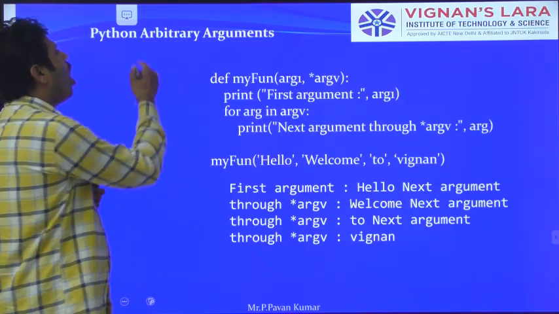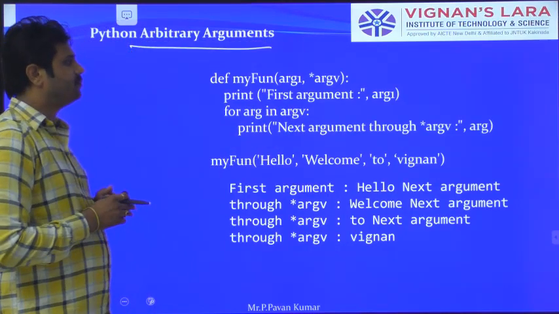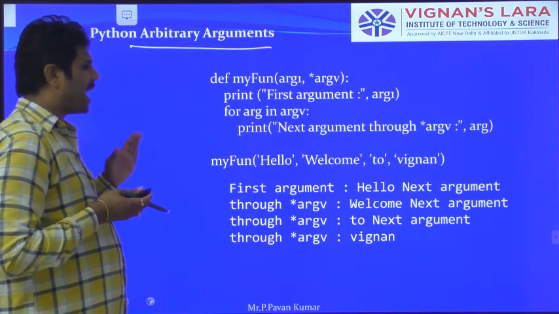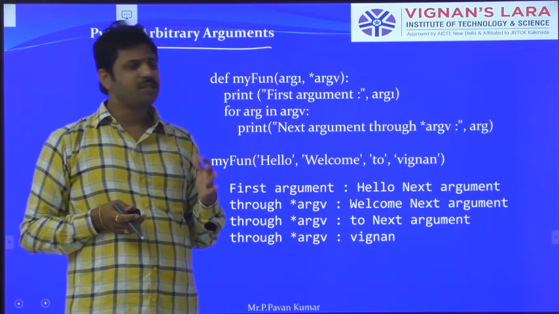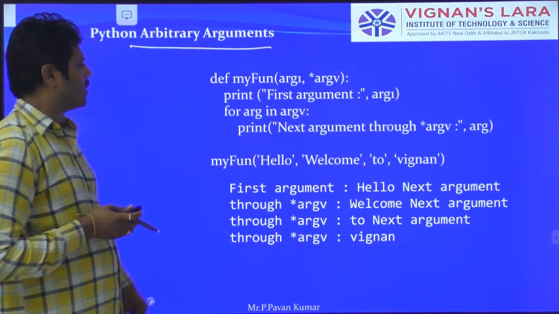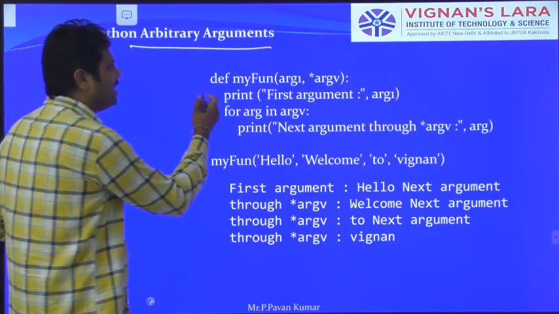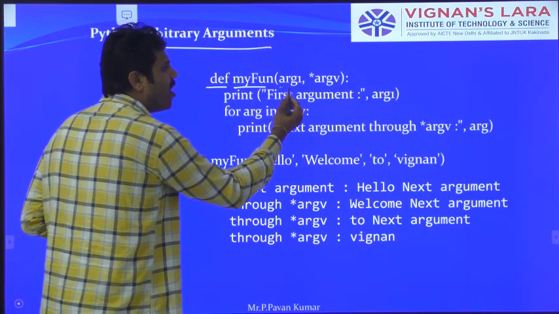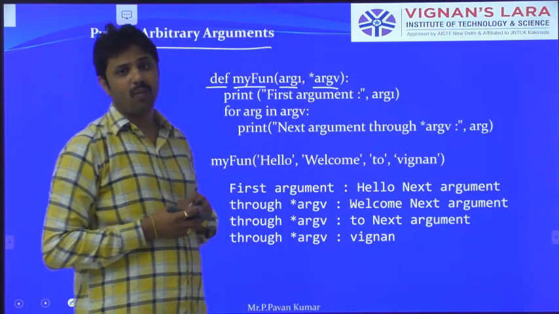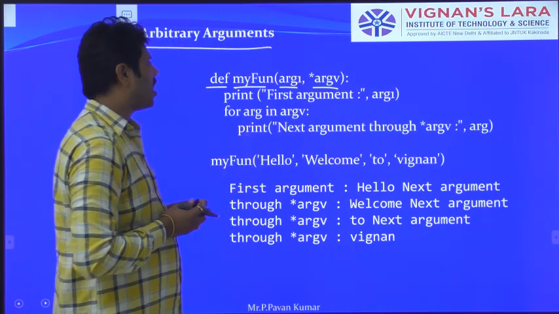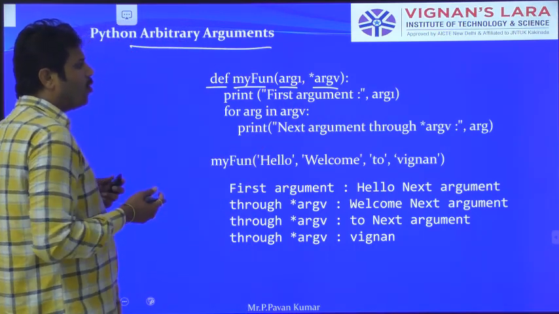Next, arbitrary arguments. Again you have one more model. Let us observe the concept. I define a function, my function of arg1 and here star argb.